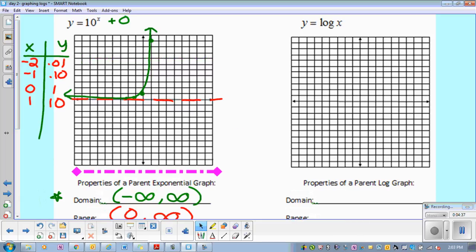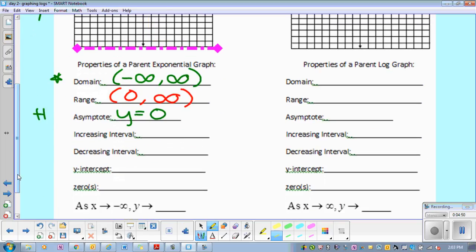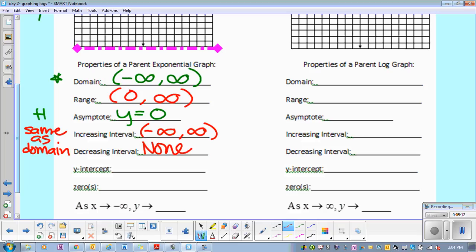It's increasing, because when you look at this graph, it is going up from left to right. So it is increasing, same as the domain, from negative infinity to infinity. Is it decreasing anywhere? No. So we will put none.